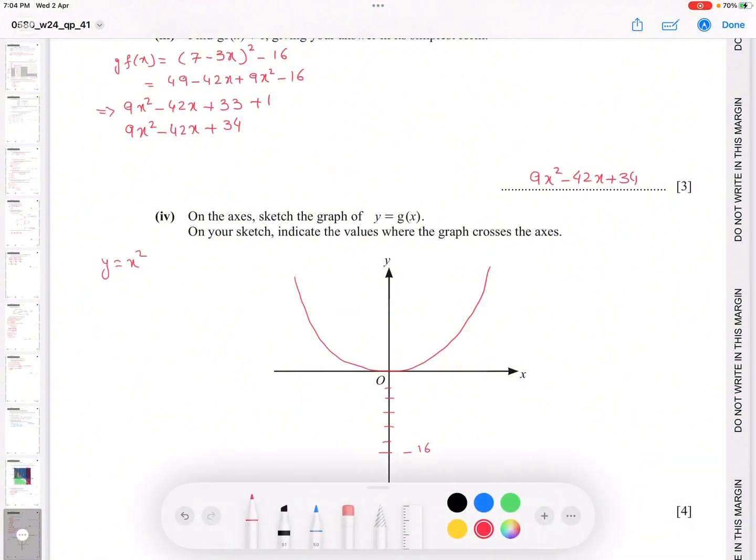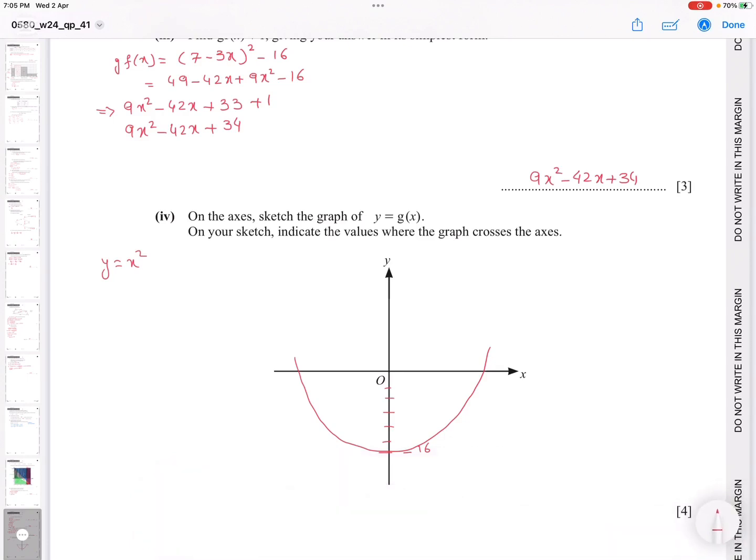So I will move my whole graph here. So this would be my x squared minus 16.